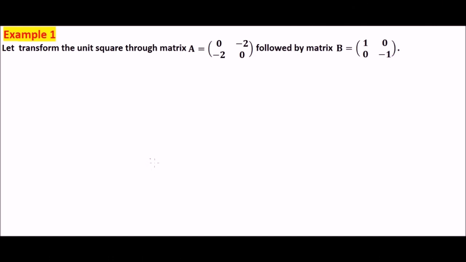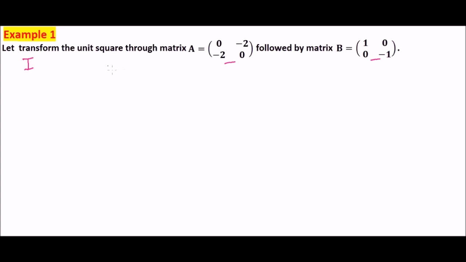Let us do an example. Transform the unit square through matrix A, which is 0, minus 2, minus 2, 0, followed by matrix B, which is 1, 0, 0, minus 1, and see what happens. But before we do that, let's call our unit square I. When you are transforming, we normally follow this order.